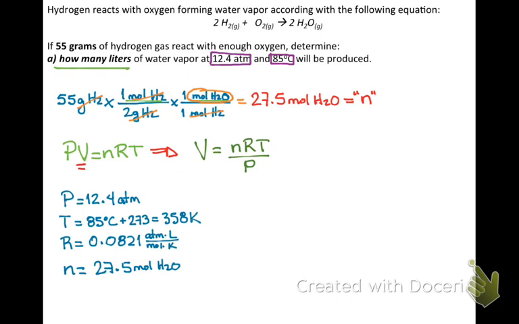So the only thing we need to do here is to replace the values in the formula. Volume will be 27.5 moles times the constant 0.0821 atmosphere liter per mole Kelvin, and then temperature, that is 358 Kelvin.